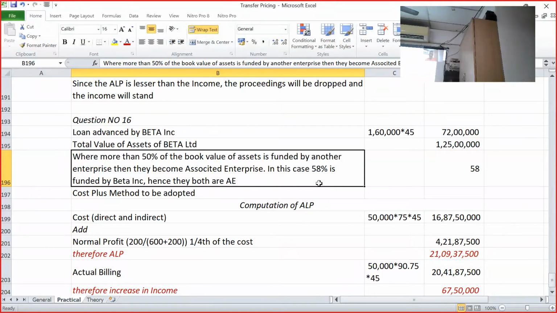GP அது மாதிரி பேசலாம். Cost plus method. What is the cost? Direct and indirect cost? 75. 50,000 into 75. What should be the plus GP? Plus GP. Raja, business cost. Correct.